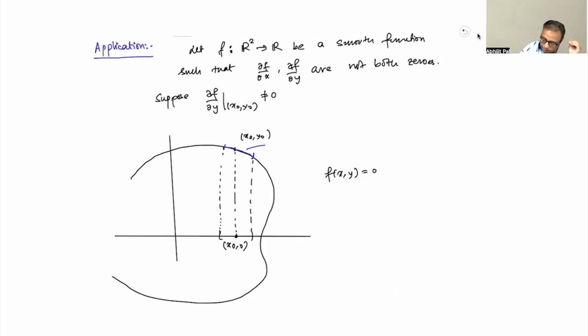So any point here you can write as (x, phi(x)). This interval is my J, so x is varying in J, and y0 is equal to phi(x0).